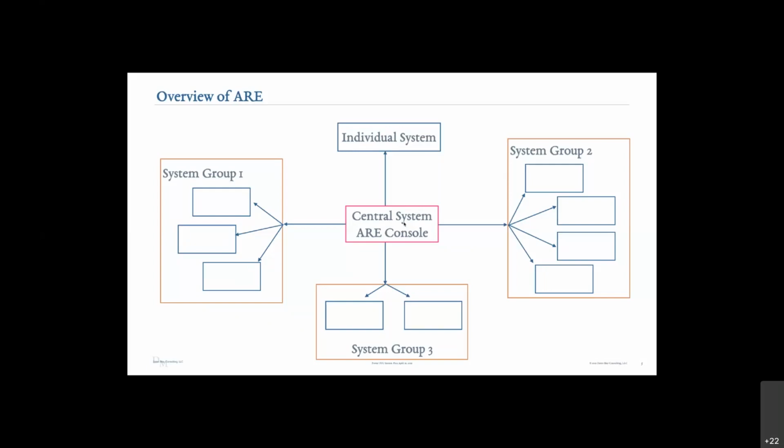And then you can use ARE to validate other systems or other partitions. These could be just a single partition. They could be groups of systems. So in this example, I've set up one individual system, but I've set up 3 system groups. And within these groups, you can have multiple partitions. You may want to have groups for partitions by release, but you don't have to.